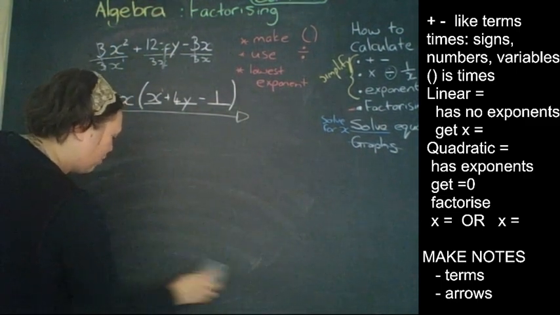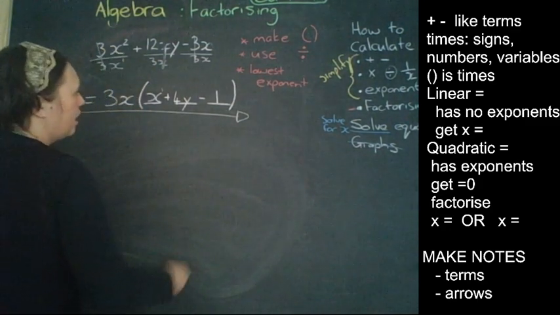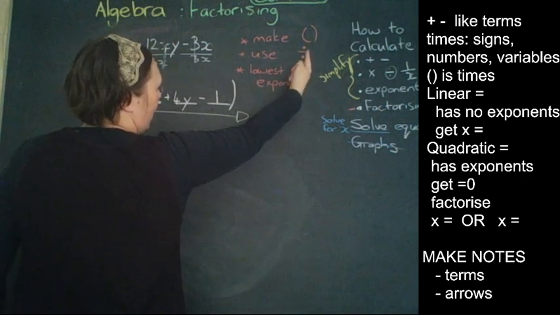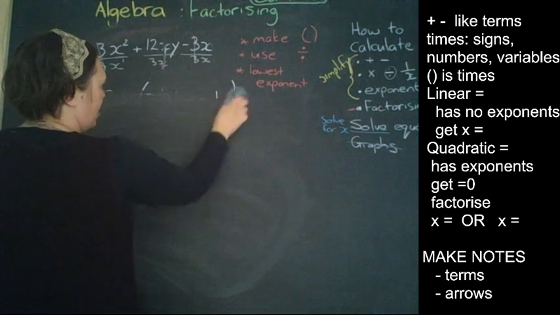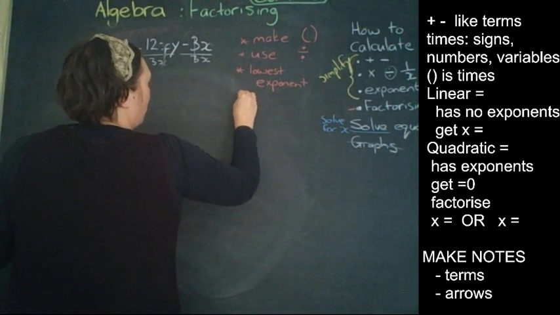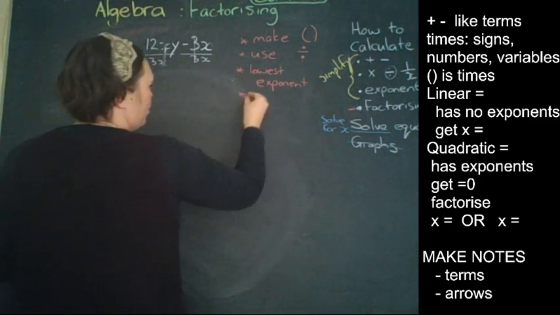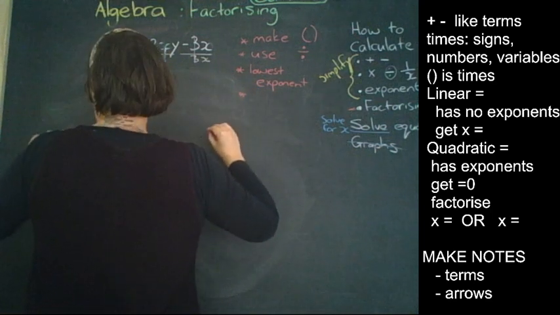Okay, I just want to make a note here on the side with my notes. So we said we're making brackets, you're using divide to make brackets. We're taking out the lowest exponent, and when you think you're done, double check if there isn't something else you can do. How shall I write that?